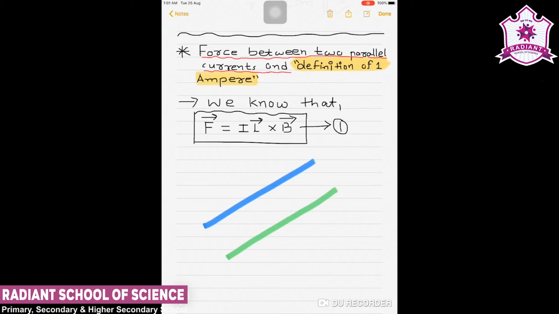So here it is very clear, one wire is said to be wire A, and the other wire I will call B. Now the current that passes through wire A will be I suffix A, while the current through wire B will be IB.